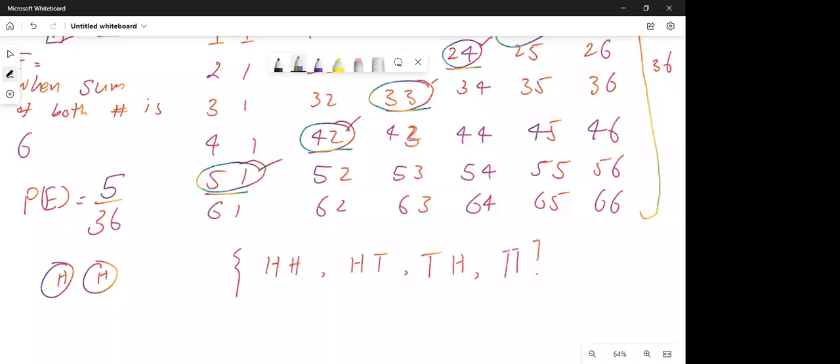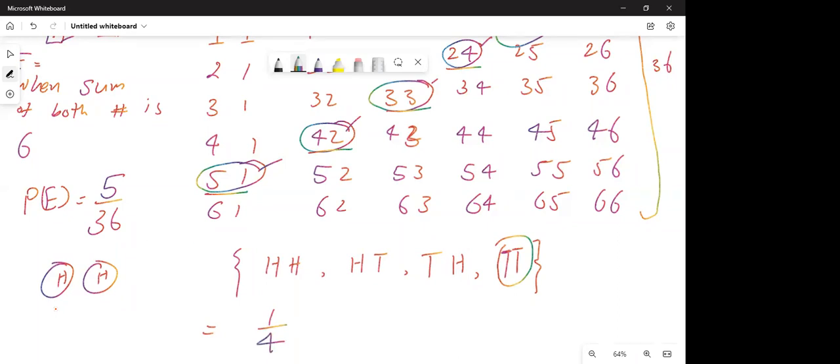So these are all the possible outcomes. If I ask you what is the probability that we get both tails, you look at the possible outcomes. How many are there? 4. And among these 4, there's one outcome that gives us both tails. So it's 1 out of 4.